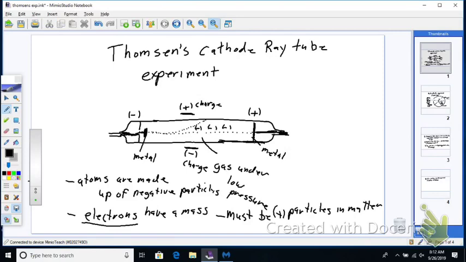The reason they know they're negatively charged is because the charges they put below and above electrically caused it to push to one side, or pull to one side, depending upon how you want to state that. Opposites attract, and so it maneuvered upwards, because the positive attracted those particles. So it wasn't light. It looks like light, but it's not.